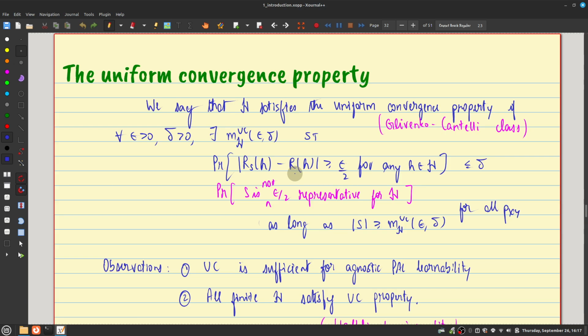Because I saw a definition where it was like the probability that the empirical risk is more than the generalization risk by epsilon. No, sorry, it was like the probability that the difference between the two risks is less than epsilon. It's always greater than or equal to 1 minus delta for every H. Sorry, can you repeat?